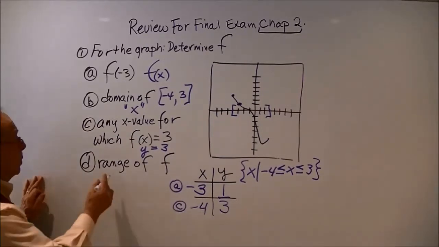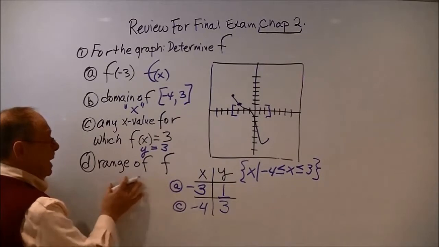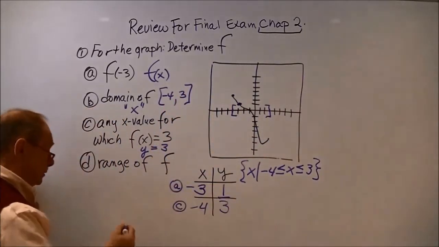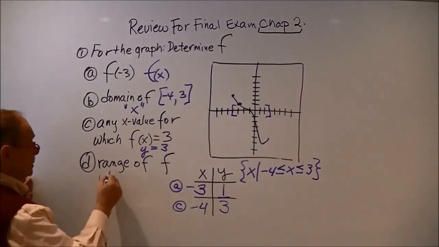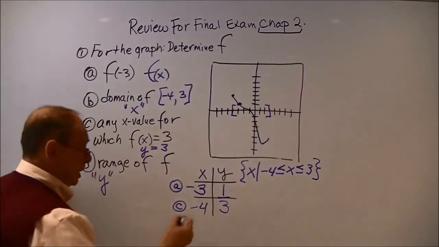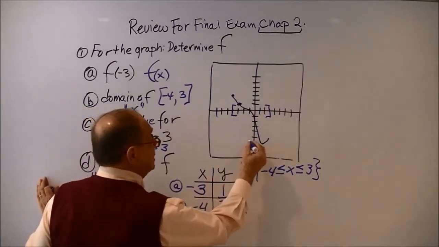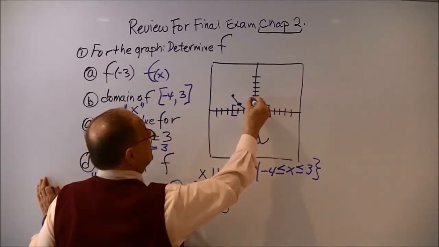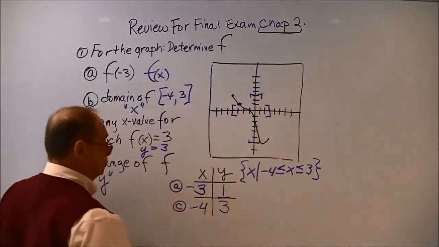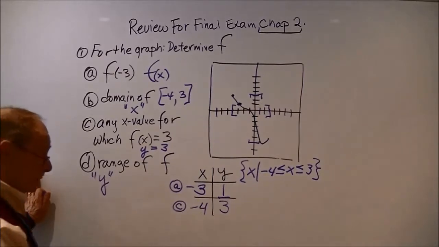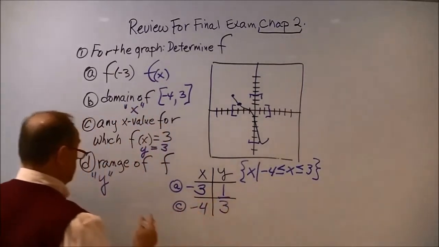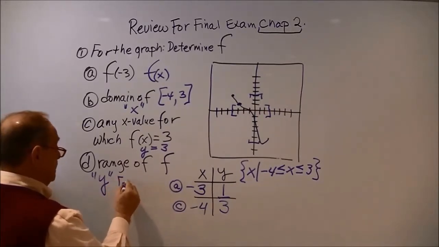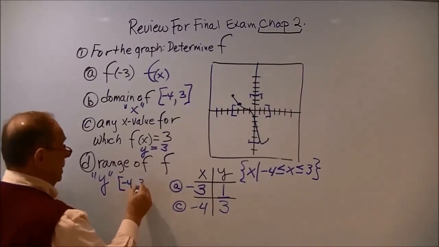And now they're asking, what is the range of f? That is, this function. Well, range, once again, refers to the y values. So, where does y start? Well, y starts right down there, and it goes up to right there. So in interval notation, it would be y is from -4 up to 3.